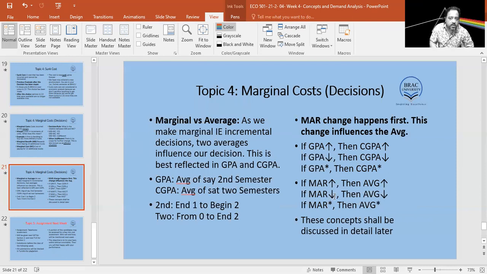If marginal is decreasing, average will also be decreasing. If marginal remains unchanged during a particular semester, your CGPA, that means your average will also remain unchanged. These concepts we'll discuss in detail later because we're going to introduce cost functions and other concepts. We just keep this notion in our system for the time being.